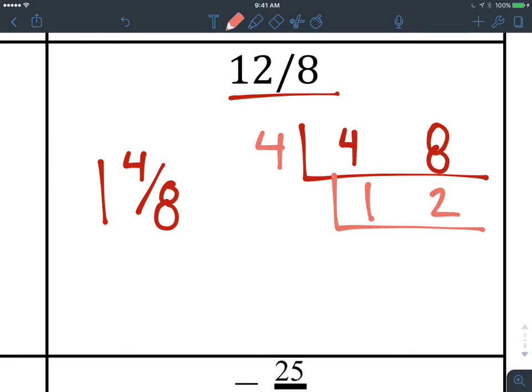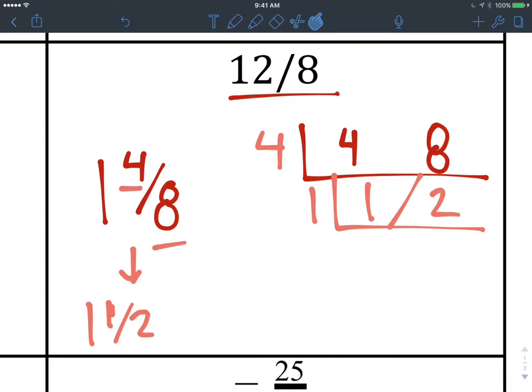And so this leaves us with just 1 and 2. Is there any number that goes into 1 and 2? Just 1, and done. And so 1 4/8 simplifies down to 1 1/2. And this makes sense because 4 is half of 8, so the simplified version of that would be 1 1/2.